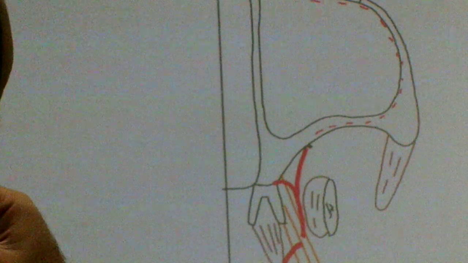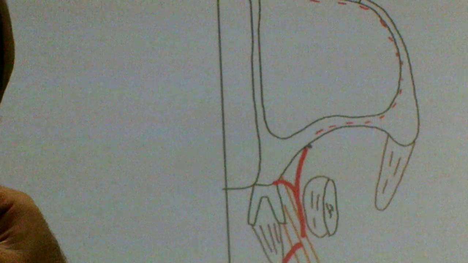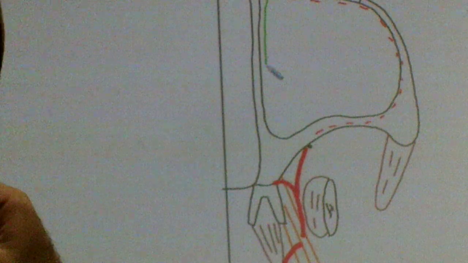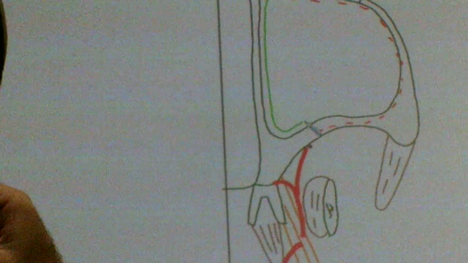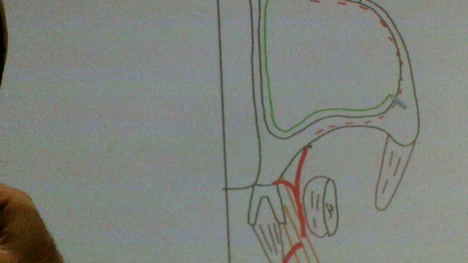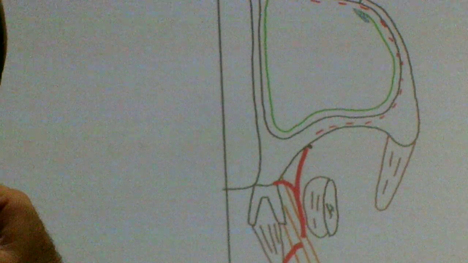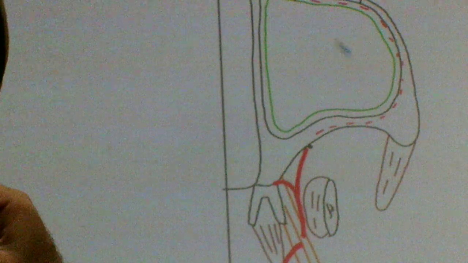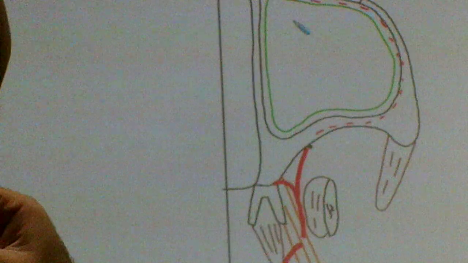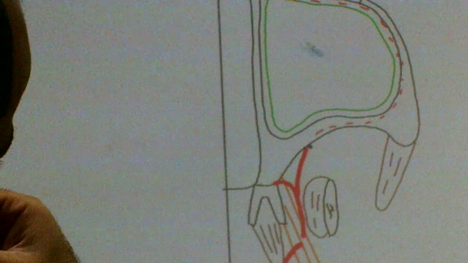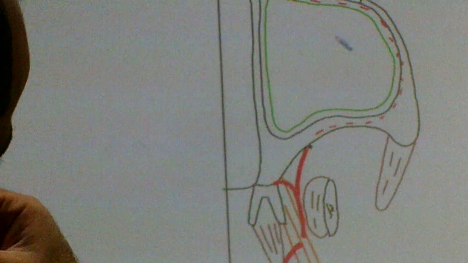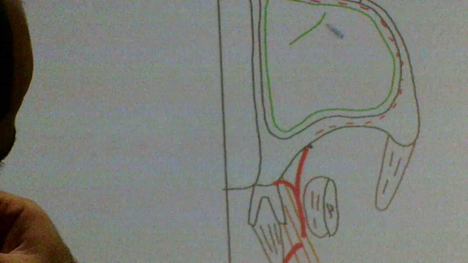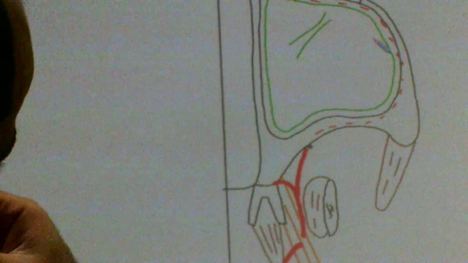So let's represent the muscles. You can draw here the masseter coming from the root of the zygomatic arch. Here the temporal, which is inserted on the coronoid process, and here the medial pterygoid inserted in the pterygoid fossa, between the two plates of the pterygoid process.